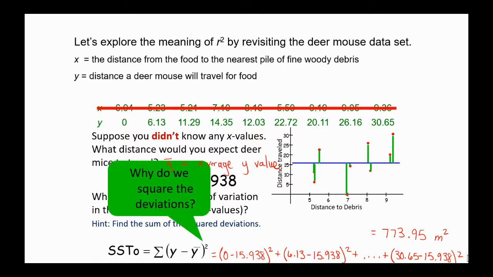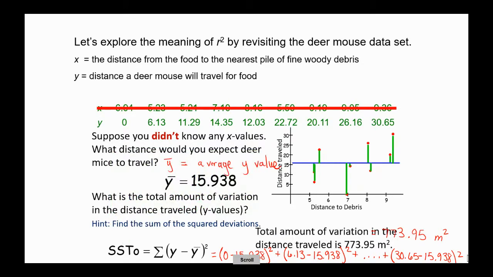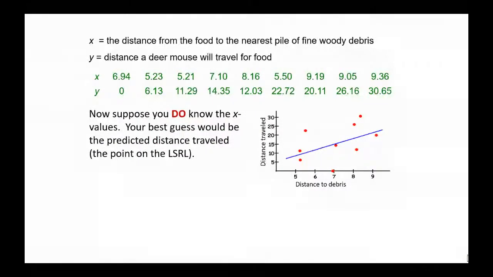Okay, now let's suppose that we do know the x values. So we know something about those x's. Our best guess would be then to predict using the least squares regression line.